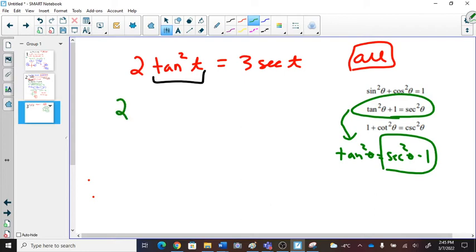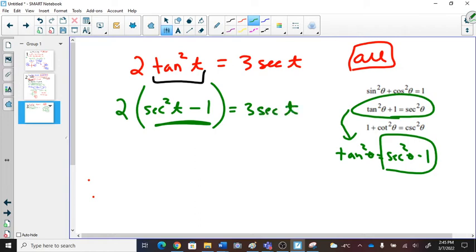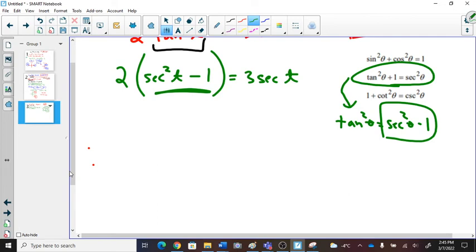Okay, so I'm going to do that replacement. Obviously my variable is a t instead of a theta. Okay, formula sheet replacement. Now, all the algebra you need.